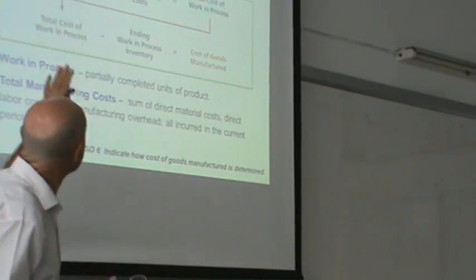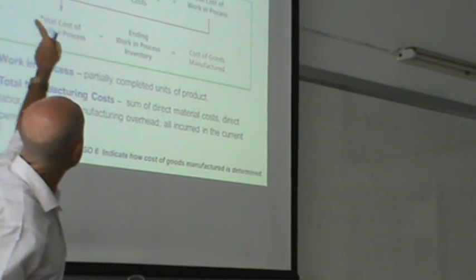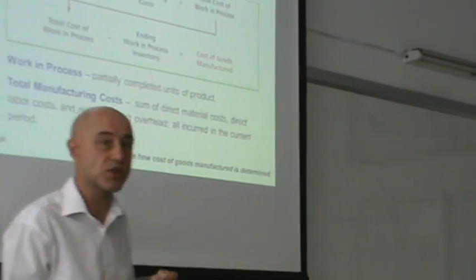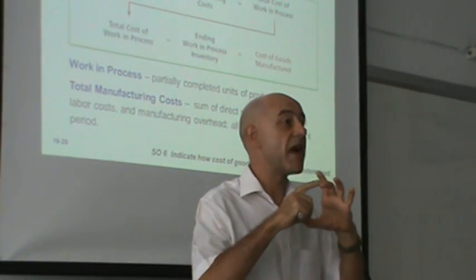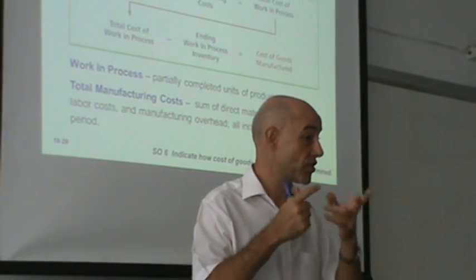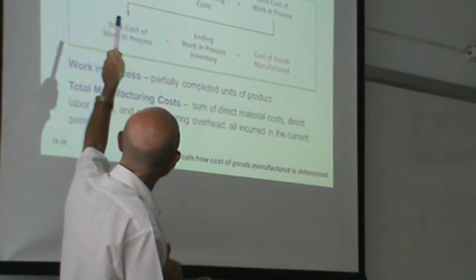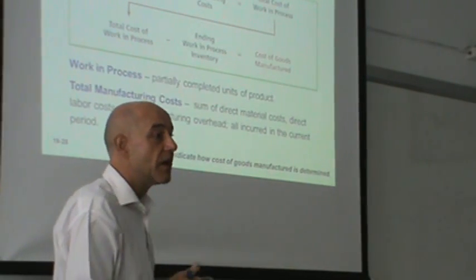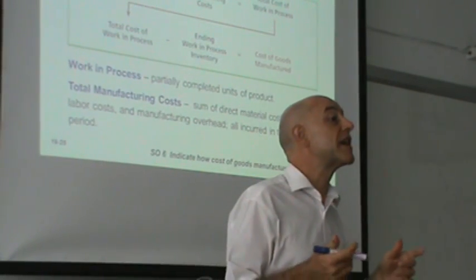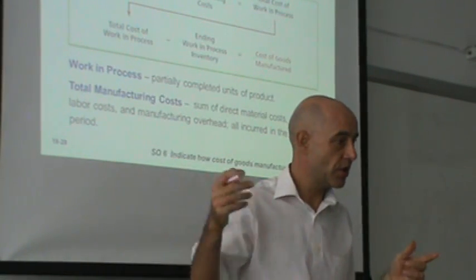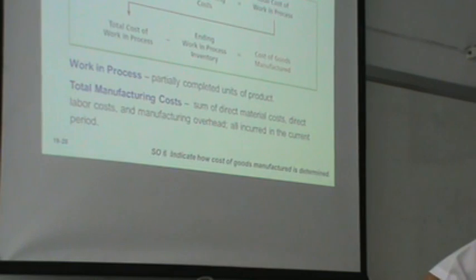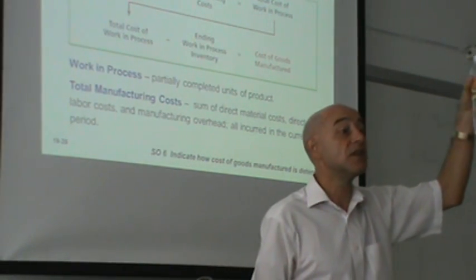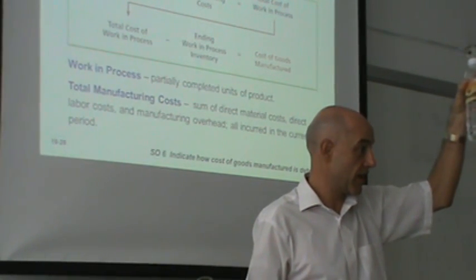Okay? So, this is how you do cost of goods manufactured. So, a main piece of manufacturing cost is the cost of goods manufactured. Then, we'll be calculating later the cost of one product, how much one bottle of water costs, okay?